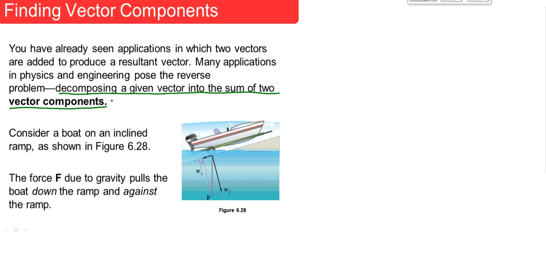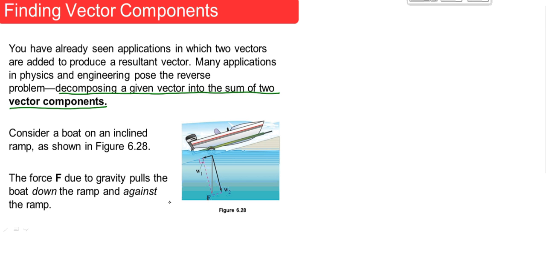And this is just to think about this problem from before. This boat, the force F, which is this one that goes perpendicular, or vertical is what I should have said, due to gravity pulls the boat down the ramp and against the ramp as we look at that.